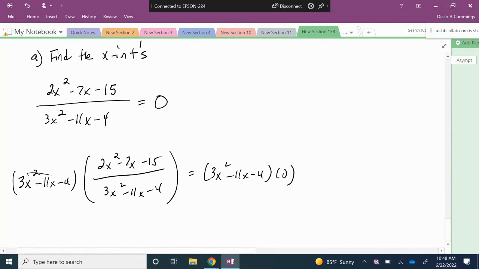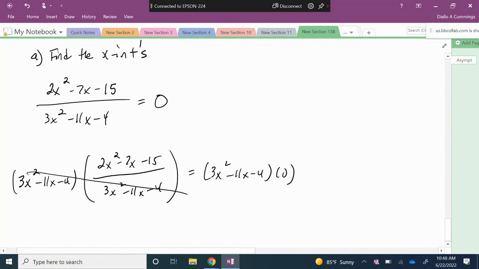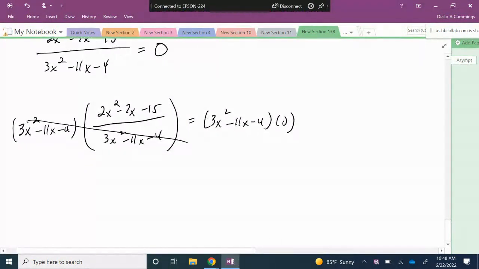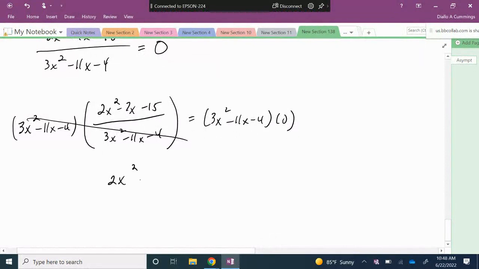On the left-hand side, the 3x squared minus 11x minus 4 cancels. So we have 2x squared minus 7x minus 15 is equal to 0.